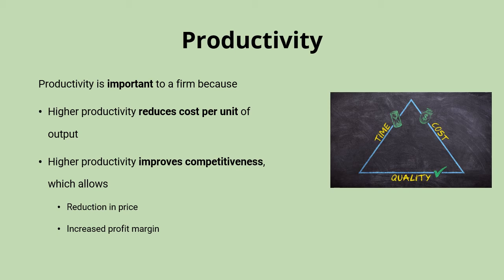So if you're producing more with less, the cost to produce each unit of output is lower, then that enables you to reduce your price relative to your competitors and attract more customers. Or you could go down a different route and you could keep your prices the same, but each unit of output that you sell is going to be generating an increased profit margin because the cost of producing that unit of output is going to be lower.